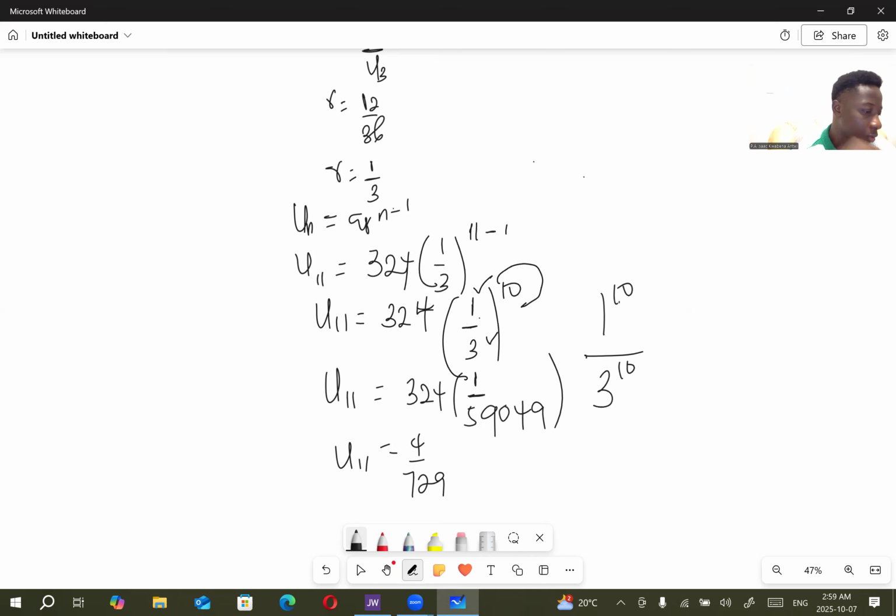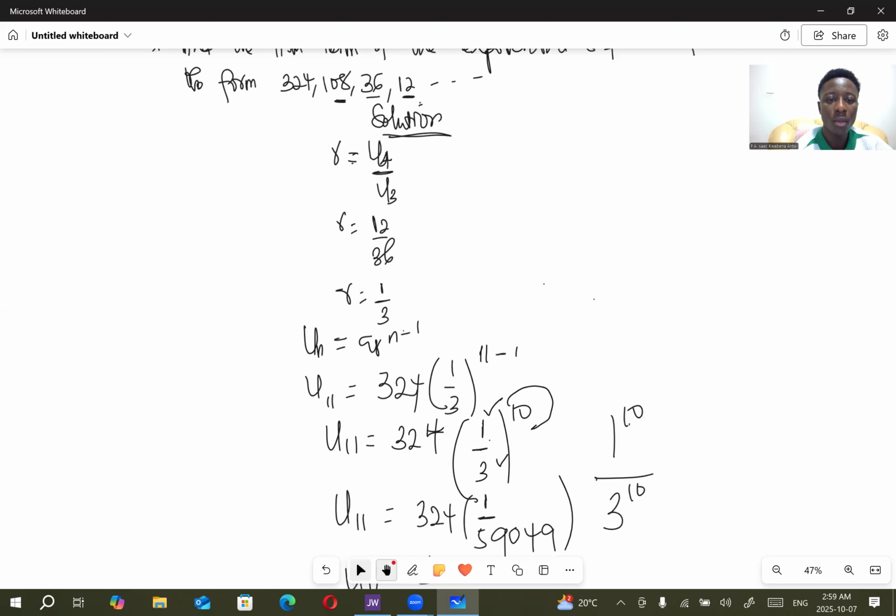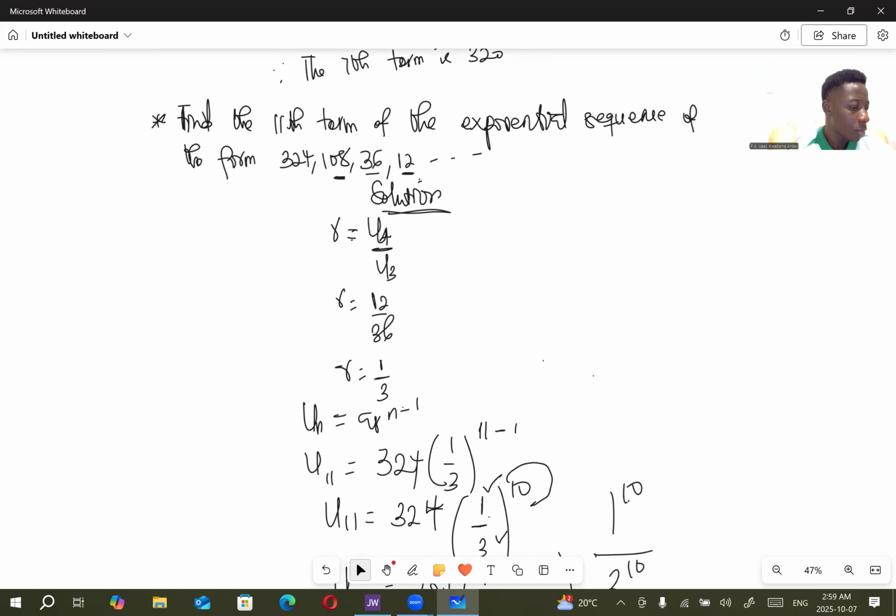This cannot be reduced further. How do you press it on the calculator? You get 0.00548. Yeah, okay. So that's it.